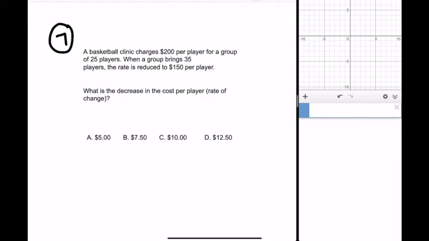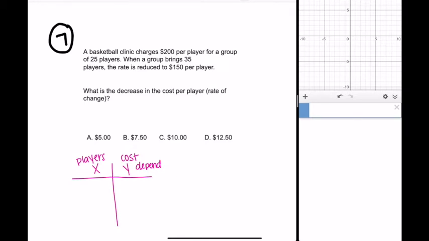A basketball clinic charges $200 per player for a group of 25 players. When a group brings 35 players, the rate is reduced to $150 per player. What is the decrease in the cost per player, or the rate of change? Let's set up a table to organize this information. So we have the number of players, and we have the cost, because the cost depends on the number of players.